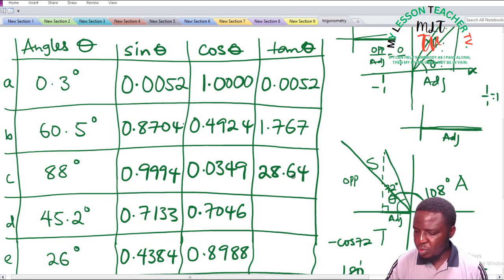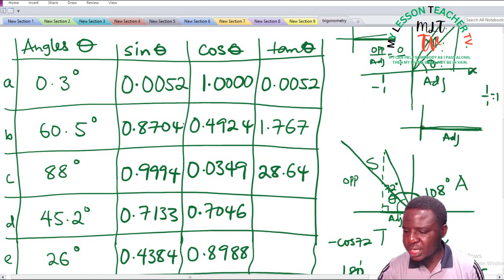Now if you look at it, why is this so high? Tan 88, at that point your angle is somewhere here. Let's call this 88, and it is the ratio of the opposite side to the adjacent side.